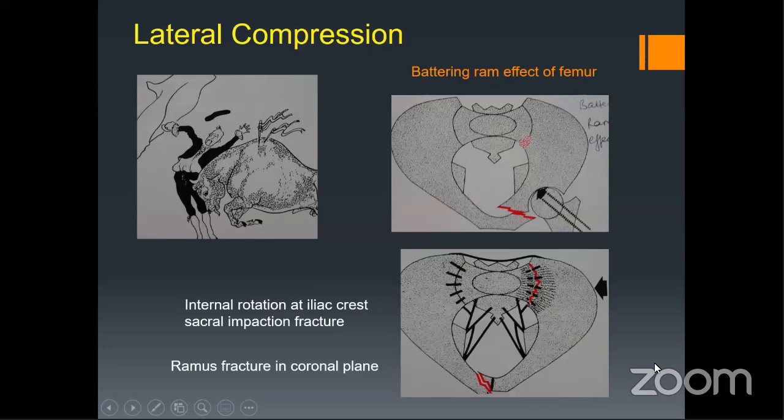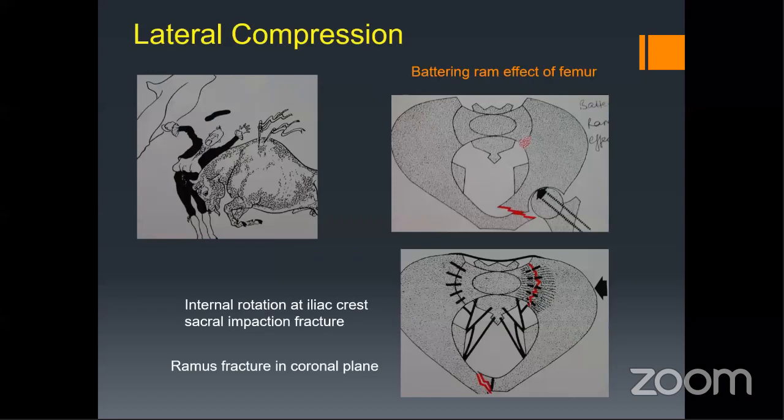Okay, moving on to lateral compression injuries. So this is the side-on impact. Less commonly, you'd get a bull charging into a matador, but more commonly you'd get the driver or passenger in a car getting the side impact, and the whole side of the car drives in. You get the battering ram effect of the femur coming in and driving the rest of the pelvis into the viscera inside.